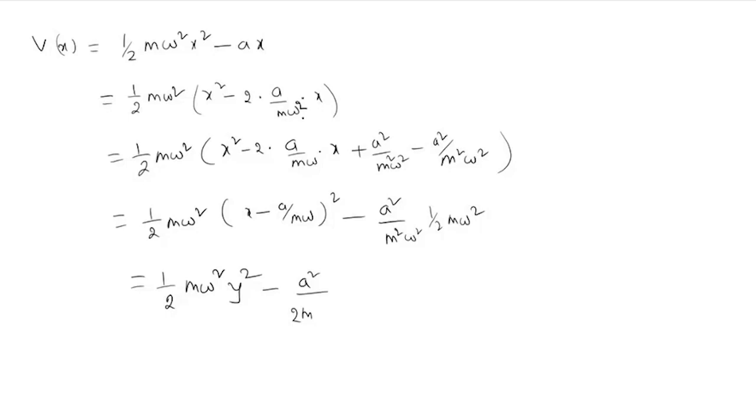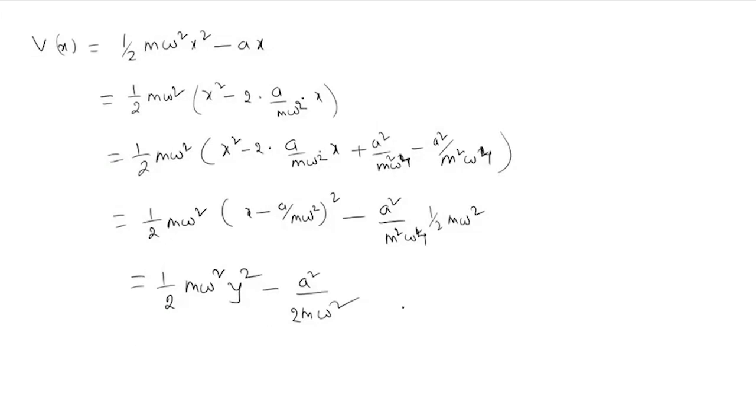There is a 2a over m omega, and a square. The 4s and the m will cancel, giving a square over 2m omega square. Yeah, this is what it is.